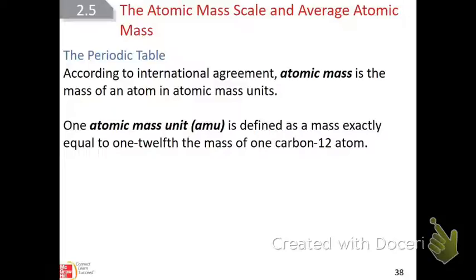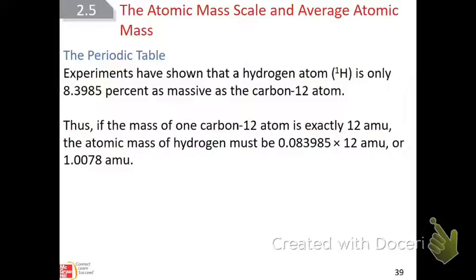It is a unit that's used to measure atoms. Therefore, they came up with atomic for atoms, mass unit. Basically, it's a unit that we use to measure tiny, tiny masses like masses of atoms.